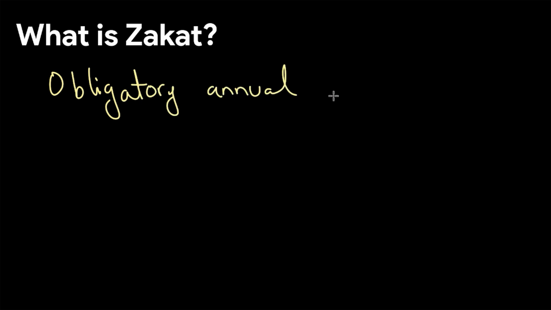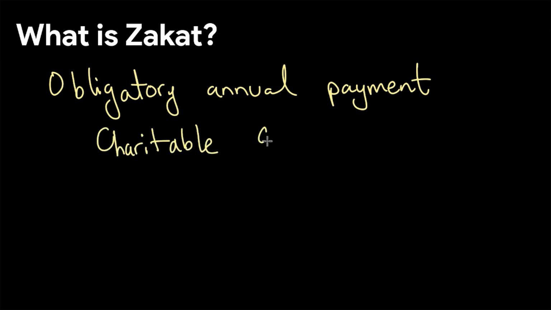So what is zakat? Zakat is an obligatory annual payment, and is made under Islamic law on certain types of property and wealth. So it's used for charitable and religious purposes.